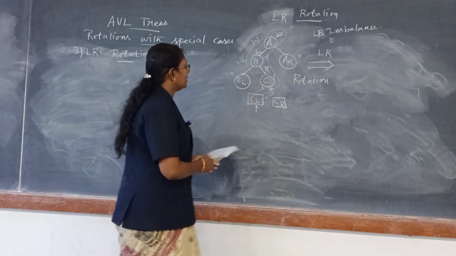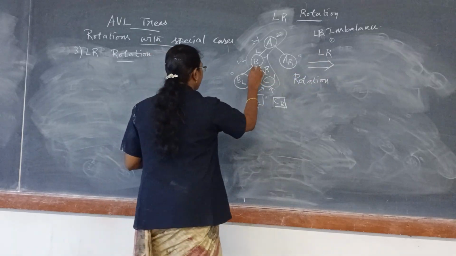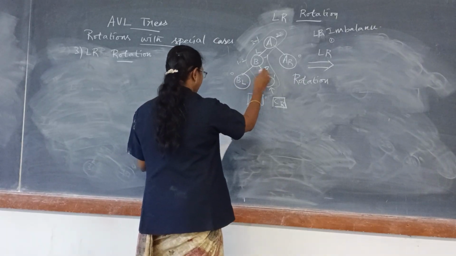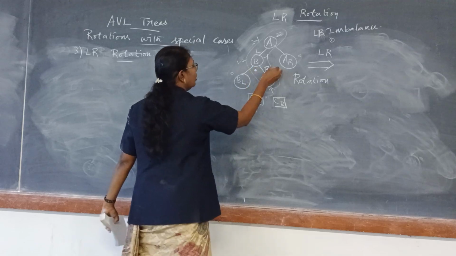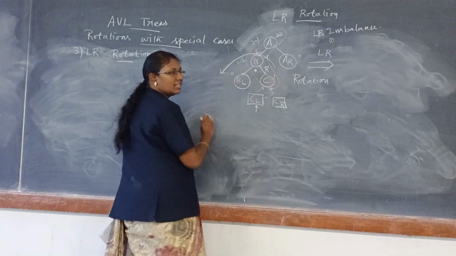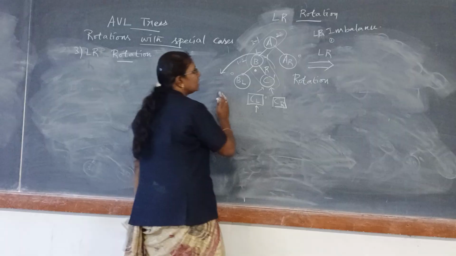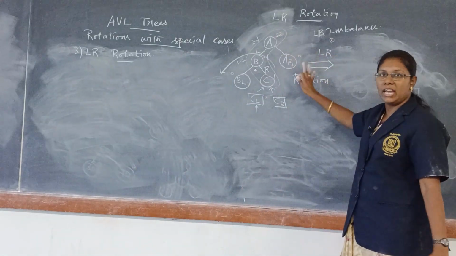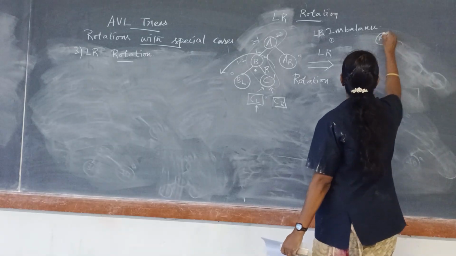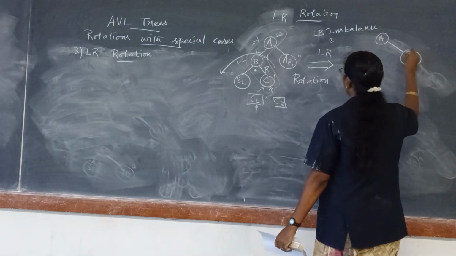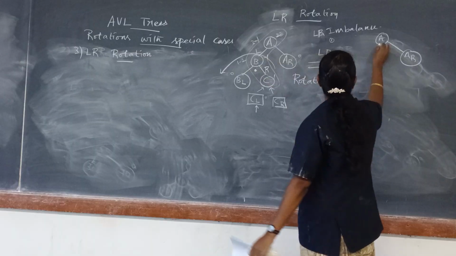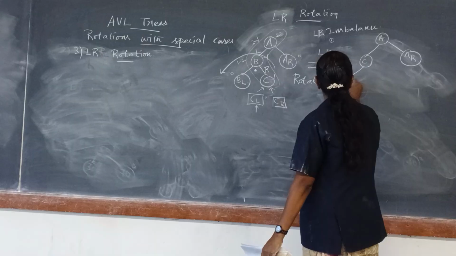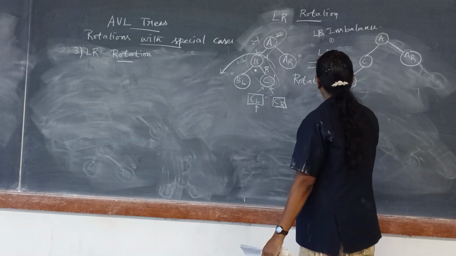Right rotation, in the sense, I'm going to take this B as the pivot point here. If I am taking this point as the pivot point, I'm going to drag everything towards this side. So A and AR remain the same, untouched. A will be here, AR will be here, and this C will come to this point by dragging B here with BL here.